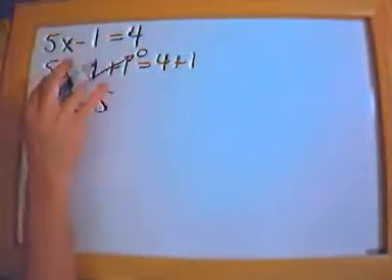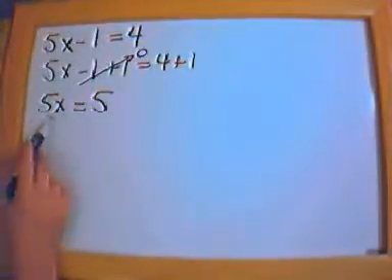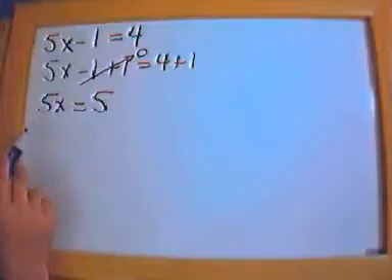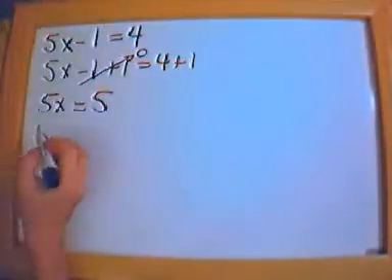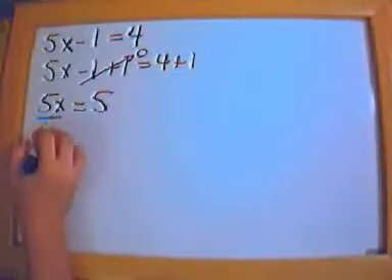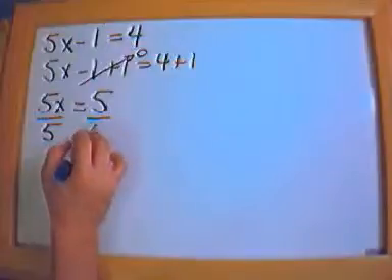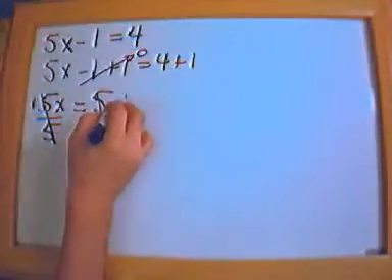So we've successfully stripped away part of the left side of the problem. Now all we have to do is get rid of this 5 here, and then we get x by itself, and that's the answer. In order to do that, I'm going to divide both sides by 5. 5 divided by 5 is 1. 5 divided by 5 is 1.